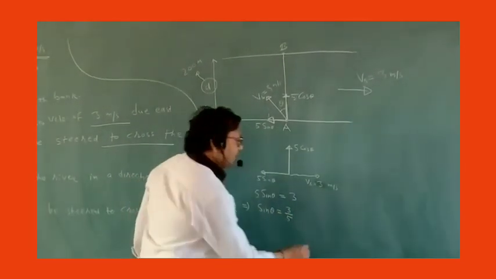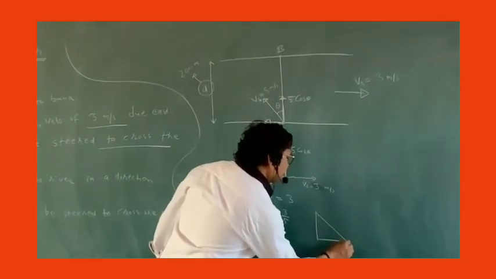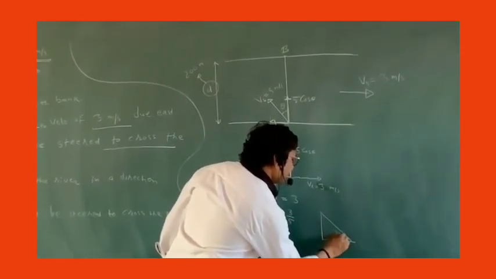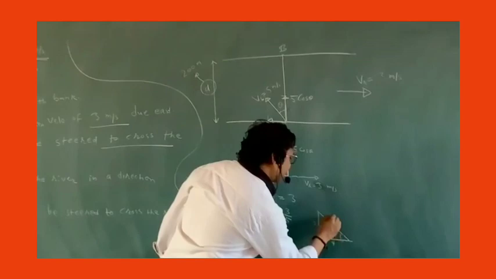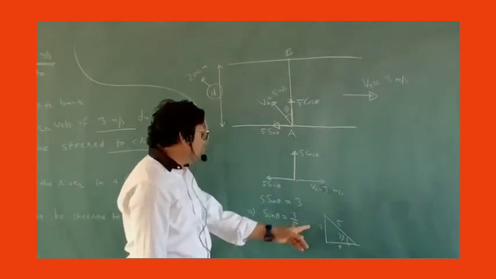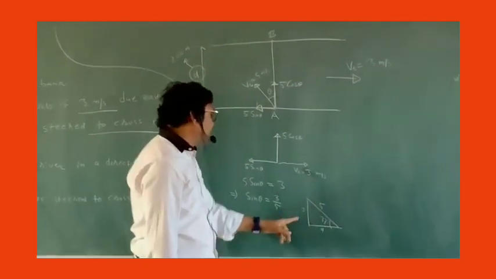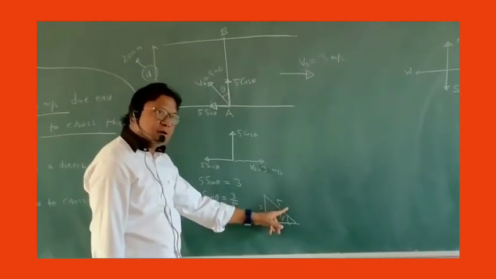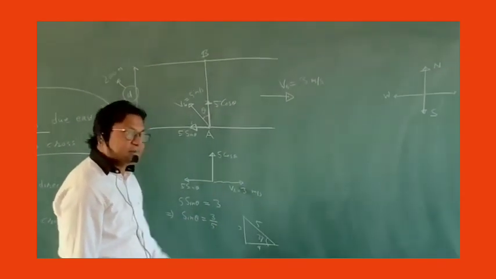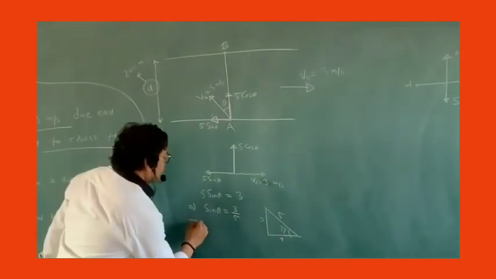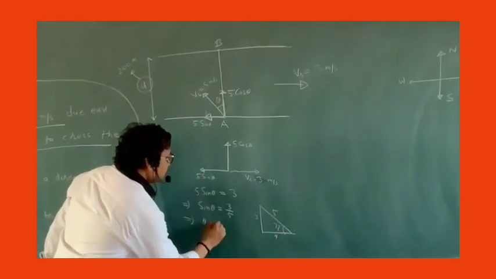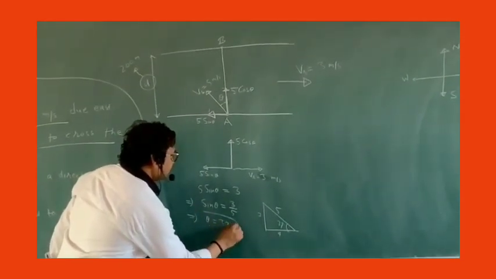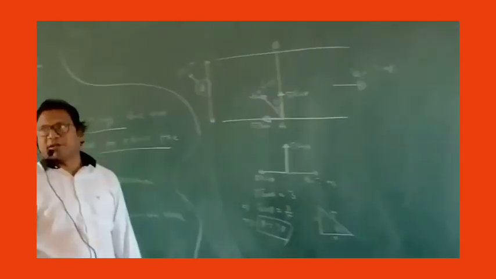And according to the 3, 4, 5 right angle triangle, if it is 3 by 5, that means it is perpendicular upon hypotenuse, that is sin 37. So theta is 37 degrees.